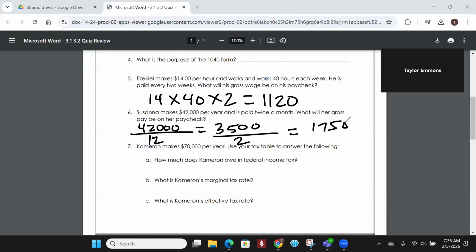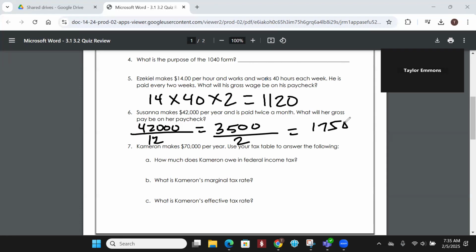Question. Yes. That's how much money you make on one paycheck.